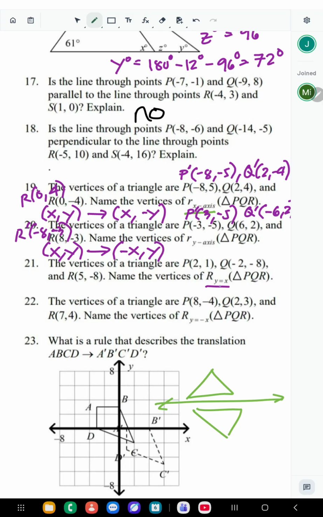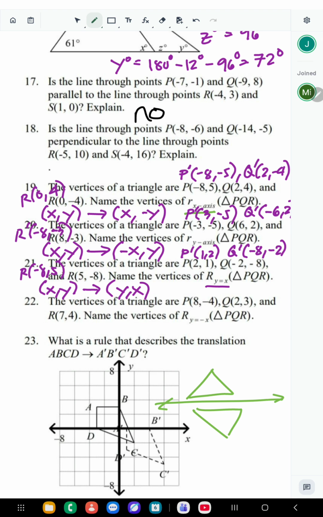So that means we swap the coordinates. If these are the original coordinates, the reflected coordinates would become y, x. So point P prime would become 1, 2. Then Q would become negative 8, negative 2. And then R would become negative 8, 5.